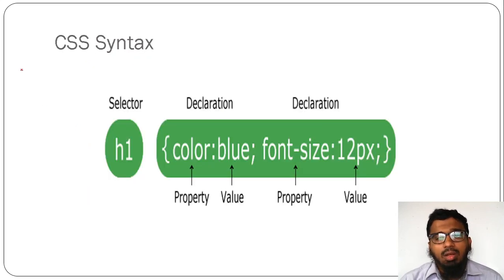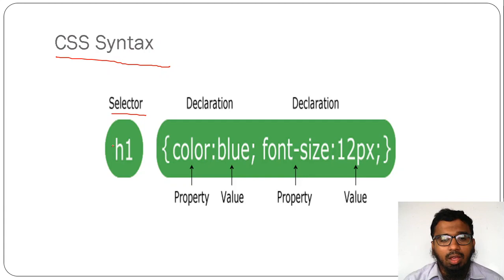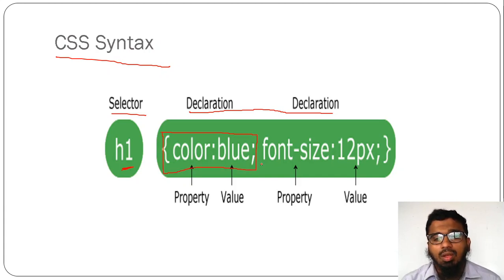Next, what is the syntax of CSS? Selector. First you need to select the selector to which you want to apply the style. Here the H1 tag is selected, and this is called the declaration. This is the syntax.